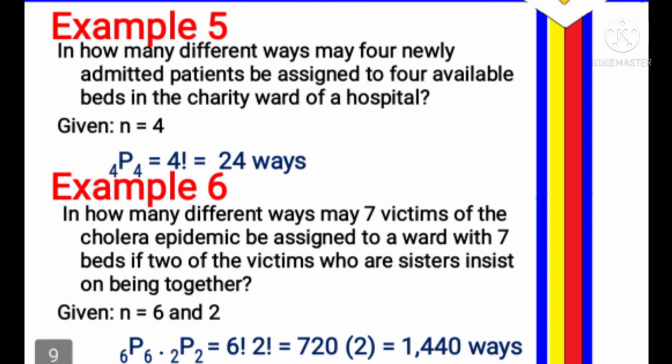So we have 6 factorial and 2 factorial. Then we have 6 times 5 times 4 times 3 times 2 times 1, that's 720. Then we multiply it by 2. Then we will have 1,440 ways. So those are for rule number 1.